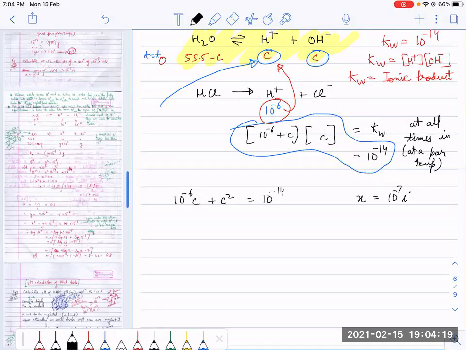So let's put this substitution. I'm sorry, I mean C, not x. C is equal to 10 to the power minus 7 i. According to this, please check, the equation will become this.